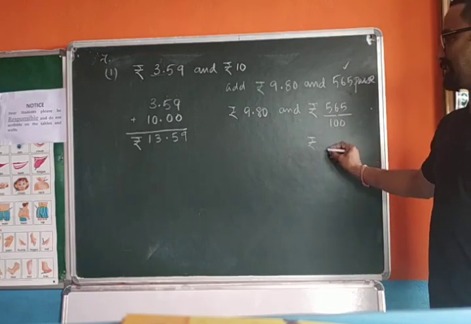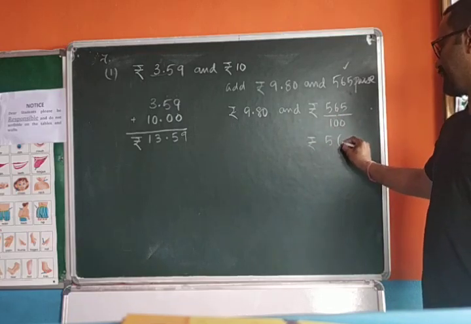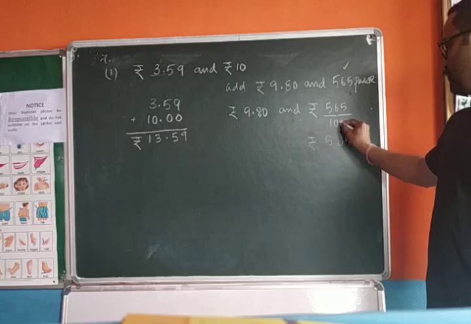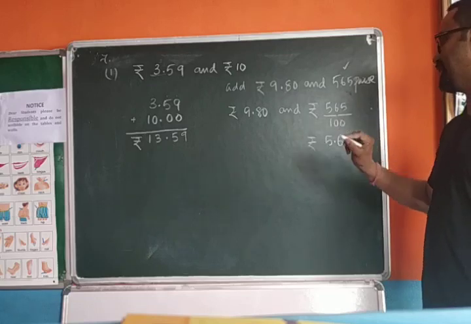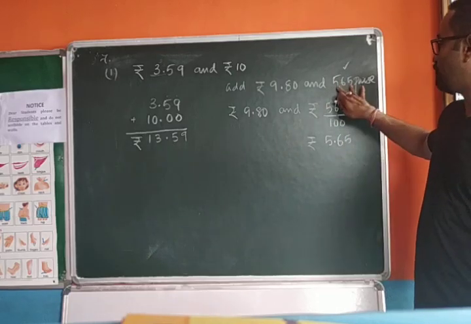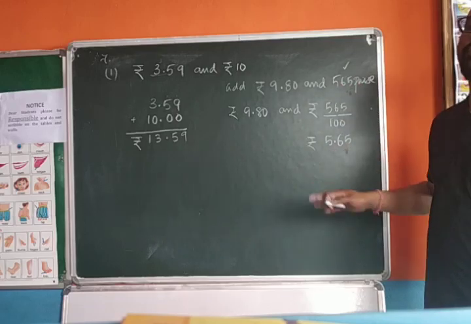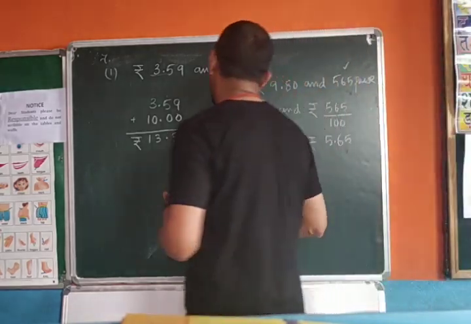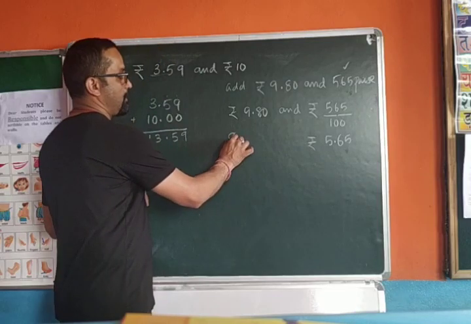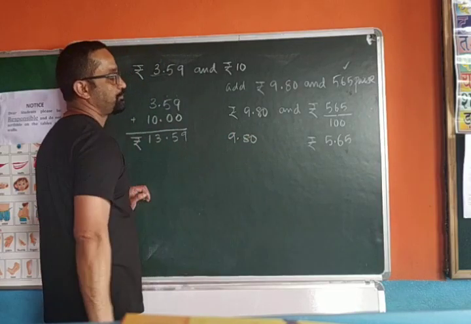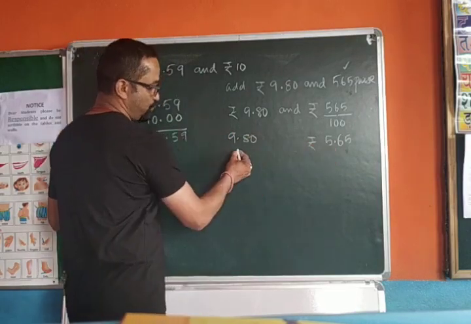Now you put decimal: 5, 6, 5, 2 zeros, 1, 2 zeros, you put decimal. Now the whole paise has been converted into rupees. Now you can add it up. 9.80, this decimal has to be kept.